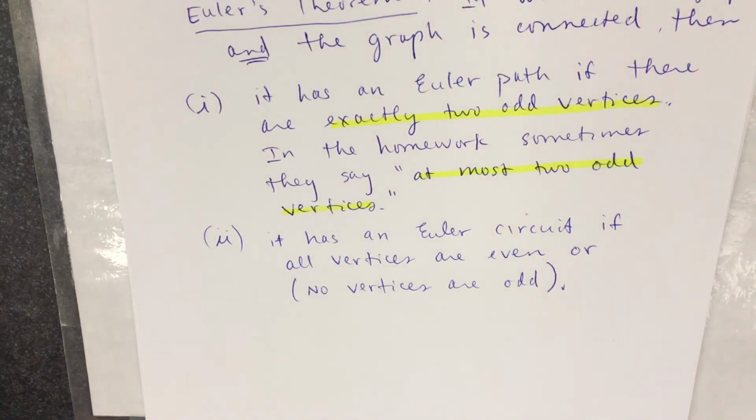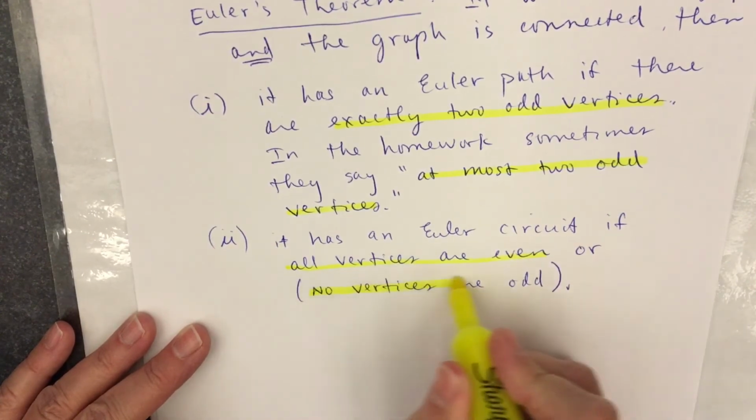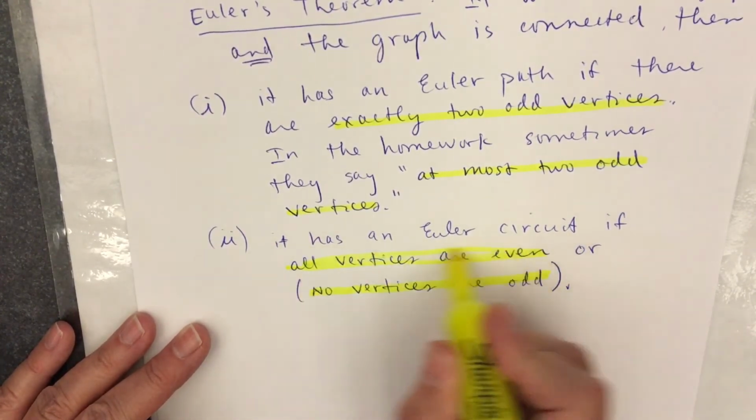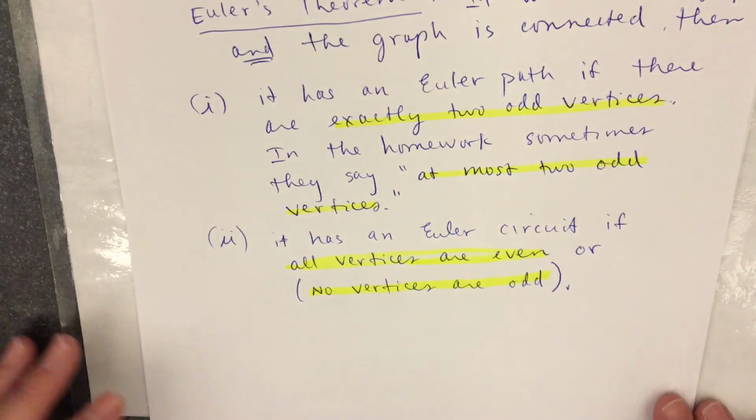Do they mean the exact same thing? Yes, they do. So this wording is okay because they do use these interchangeably. If I'm talking about this with somebody, I'm going to say all vertices are even. I'm not going to say no vertices are odd. I don't like the way that quite flows, but I want you to know those are used interchangeably, and they can be used interchangeably.